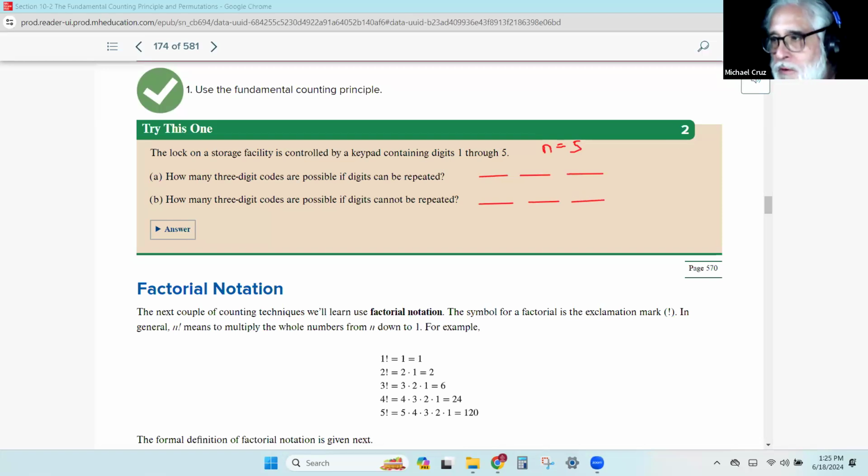Now up here, if they can be repeated, then for your first number on your keypad for your code, like a lock or something like that, you can put in 1, 2, 3, 4, 5. Now, if they can be repeated, then we still got 5.